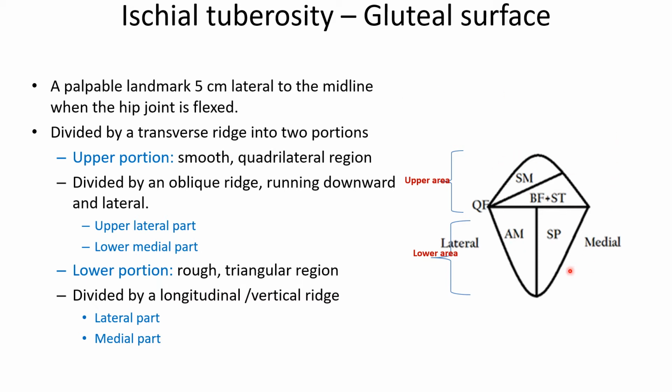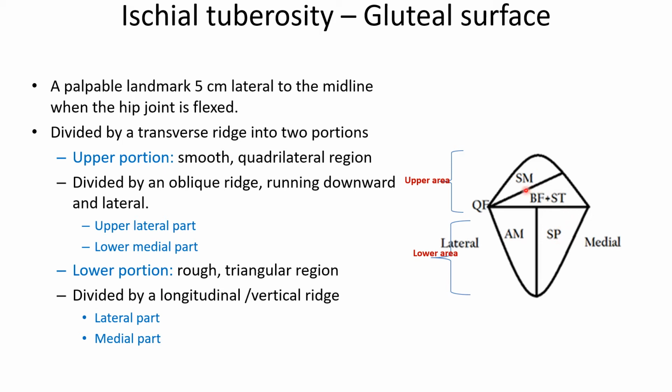This gluteal surface is divided into two parts, an upper part and a lower part. The upper part is a smooth quadrilateral region and the lower part is a rough triangular area.